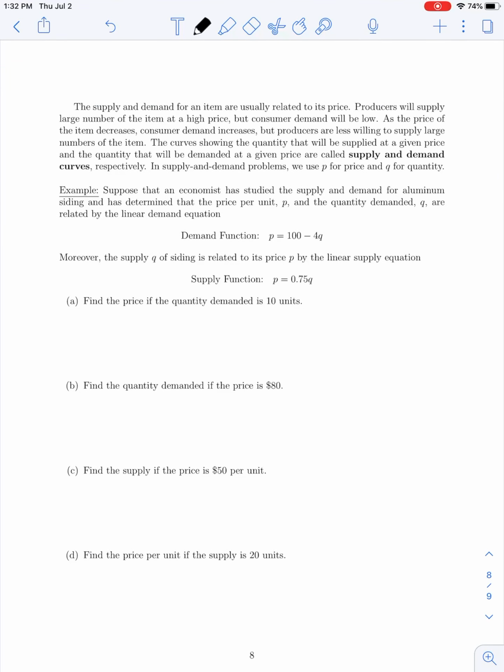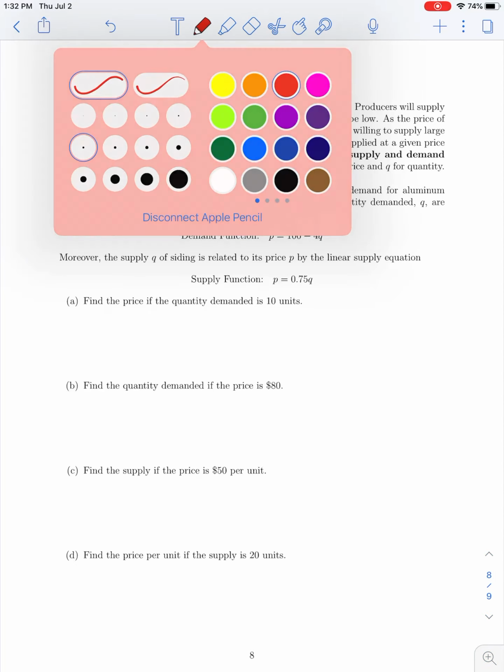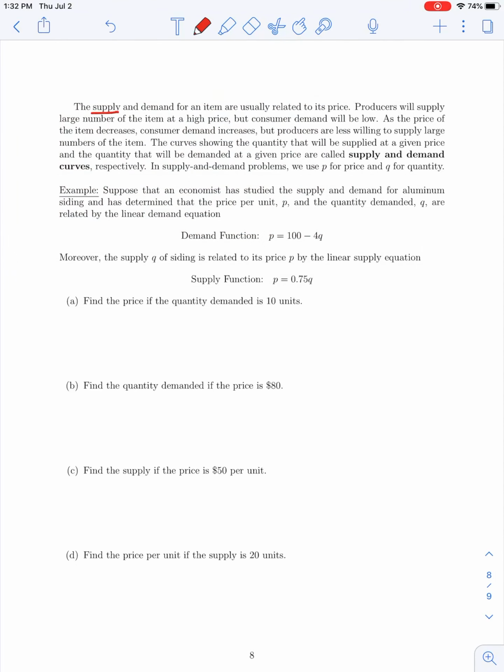Now, in this next example, we'll talk about supply and demand. So here we would say that the supply and demand for an item are typically related to its price. So in particular, producers will supply a large number of some item at a high price, but if an item is high priced, consumer demand will be lower.